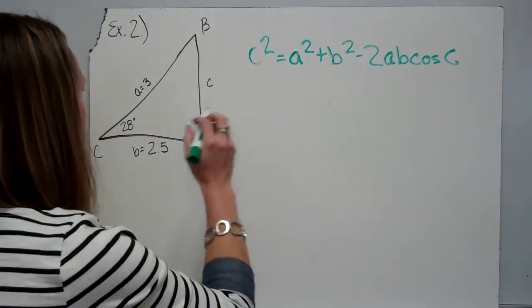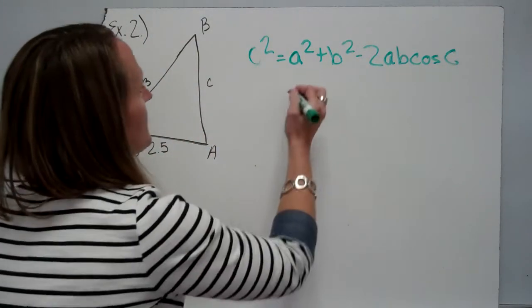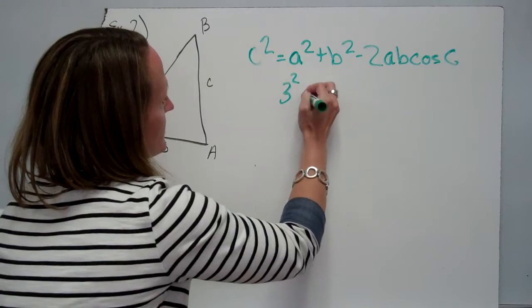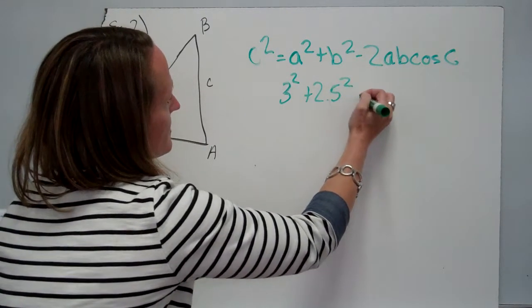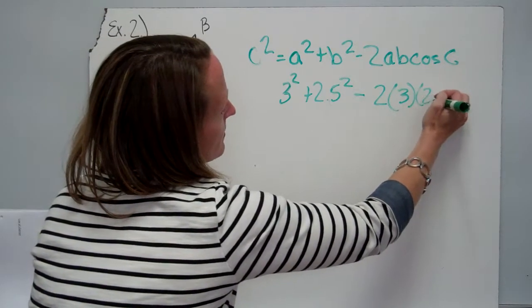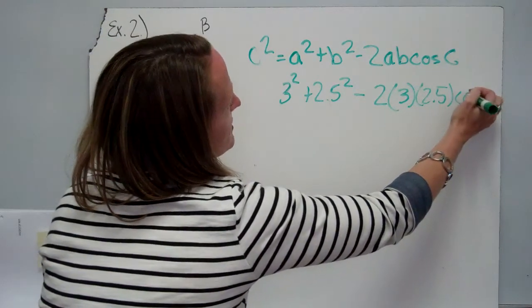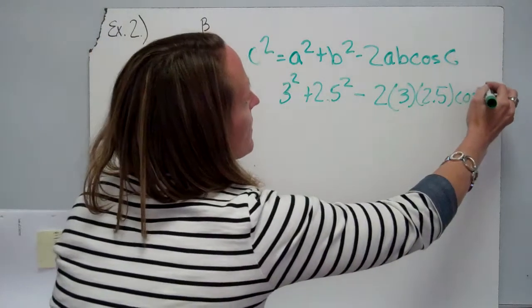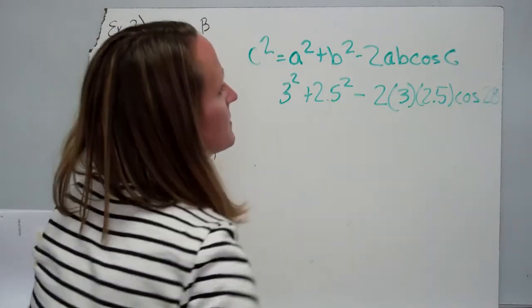So, if we plug it in, I'm going to do 3 squared plus 2.5 squared minus 2 times 3 times 2.5 times the cosine of 28.